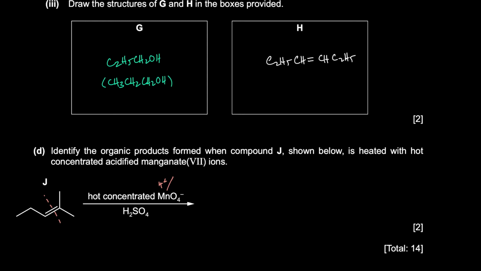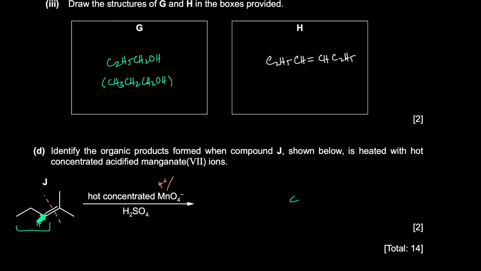If you look at the left-hand side, this carbon is bonded to one hydrogen. So what functional group do I form on this carbon? This becomes a carboxylic acid because it has one hydrogen.